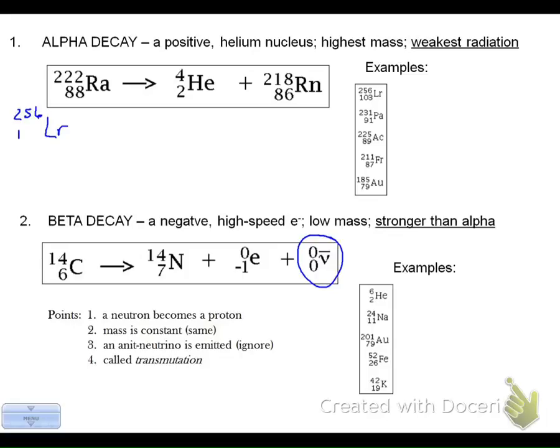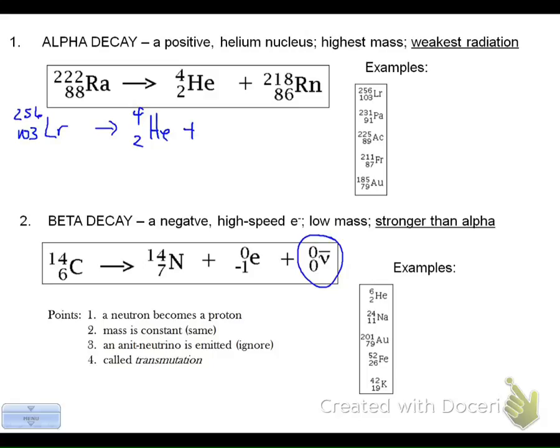And of course the atomic number is 103. Well, this is a pretty big element. So anything with an atomic number greater than 83 has a very high probability of undergoing alpha decay just because of its size. So we know that this will be an alpha decay.